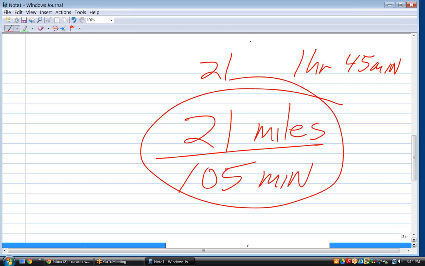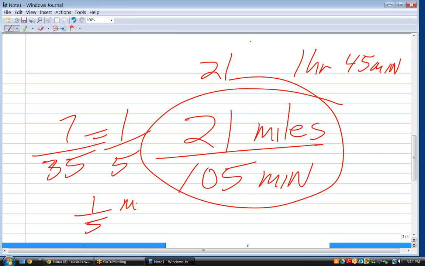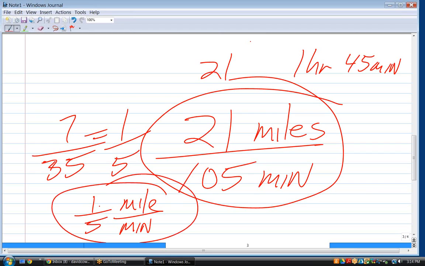Now, can that be reduced? Yeah, 3 goes into both of these. 3 goes into the top 7 times, and it goes into the bottom 35 times. And then that becomes 1/5. So our answer is 1/5 mile per minute. There's our average rate.